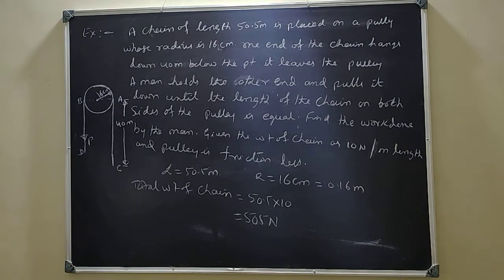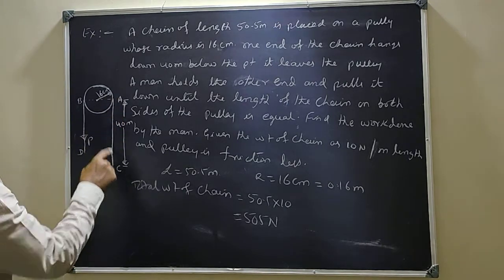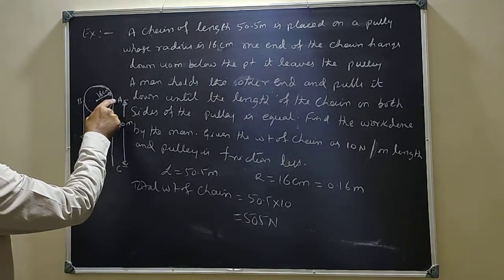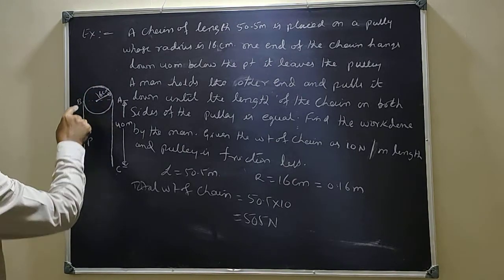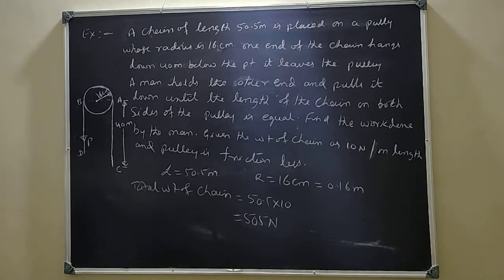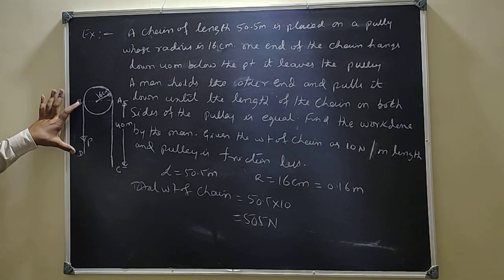So now in this one you have got three segments. One segment is AC, another one is the half of the circumferential length of the pulley, and the other length is BD. So now let us find out how much this length is.